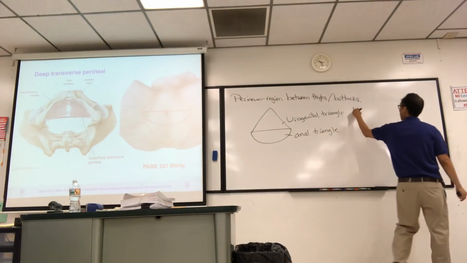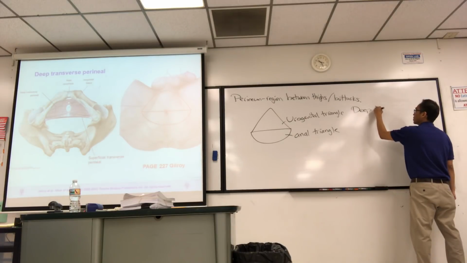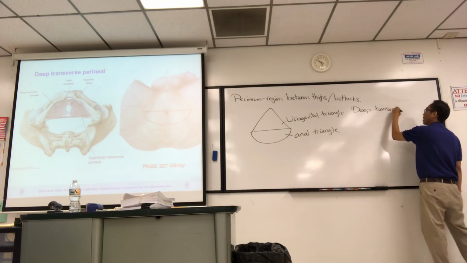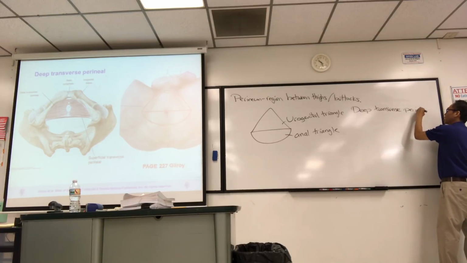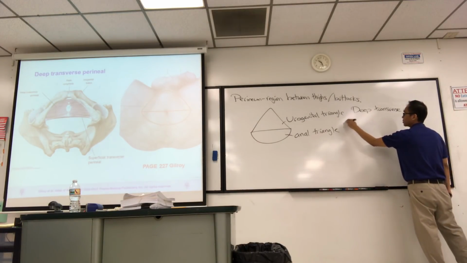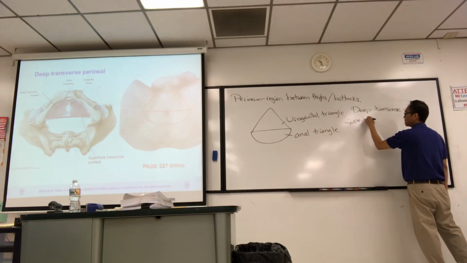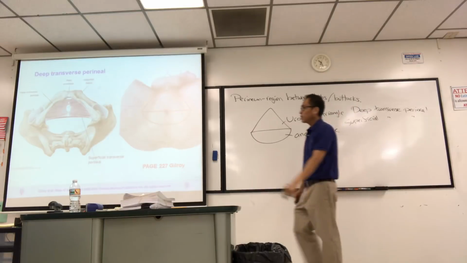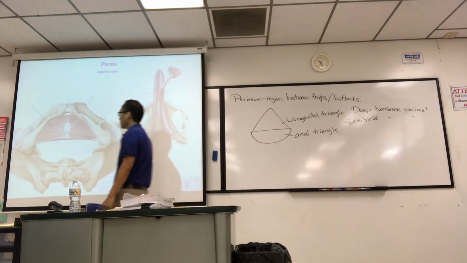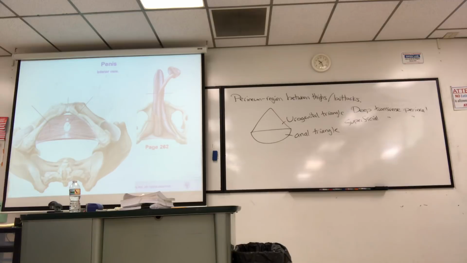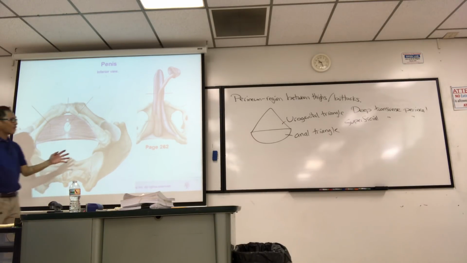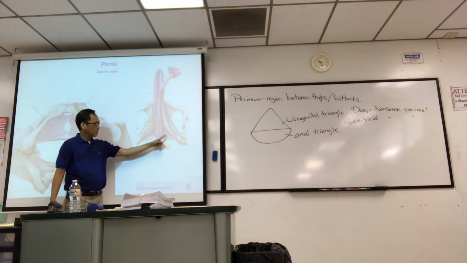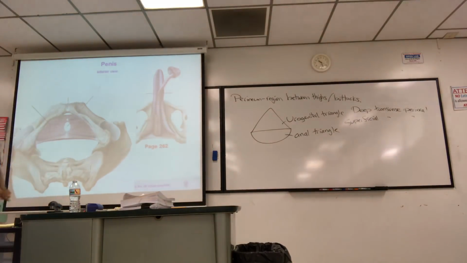So note those two muscles, because the penis is basically sitting on top of them. The root of the penis is shown on the left, and you can see the deep transverse perineal muscle right there. So that's why we noted it.